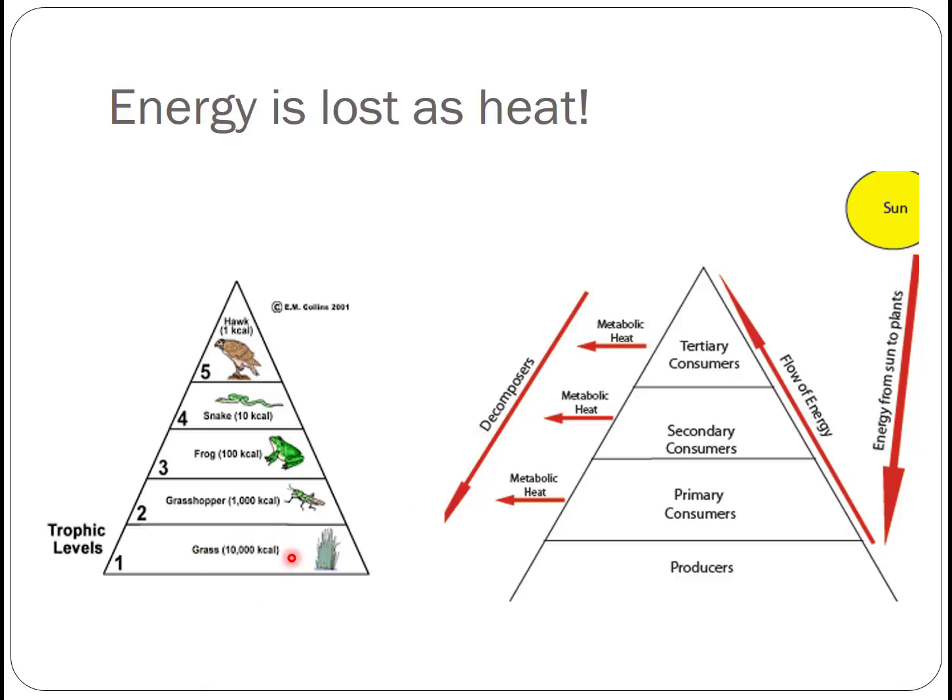So, in brief, energy is lost as heat as you move up an energy pyramid. It is also lost because not all of the prey item is consumed by the consumer who's eating it. There's energy lost in the bones, the skin, the exoskeletons, which cannot be digested by these predators.